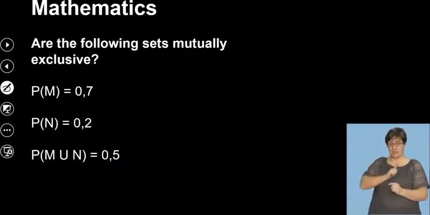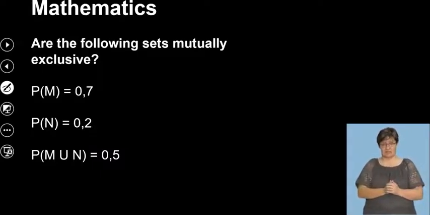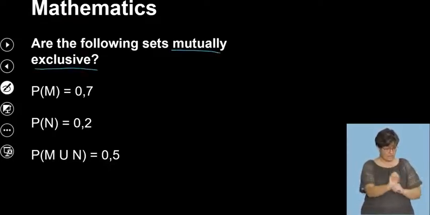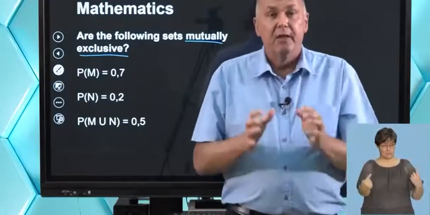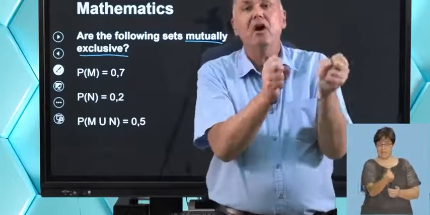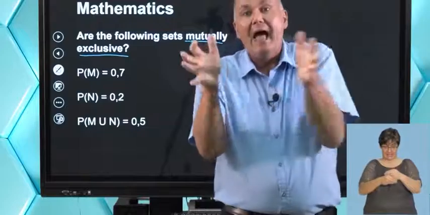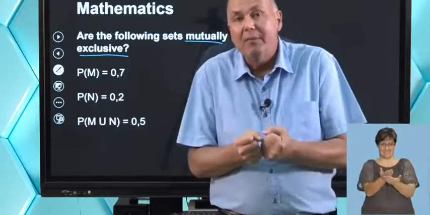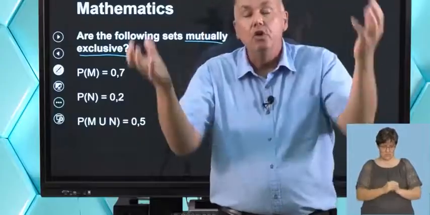This problem says to us the following: are the following sets mutually exclusive? We know if they are mutually exclusive, then we can take the probability of each of them, add them to each other, and we would find the probability of the union.